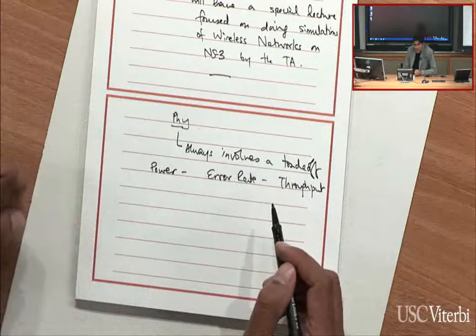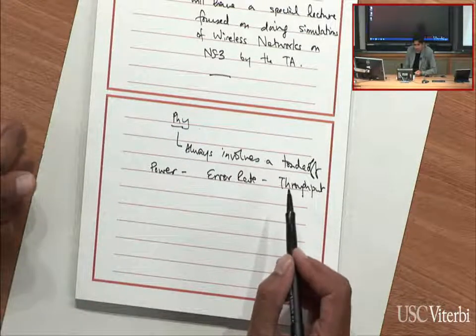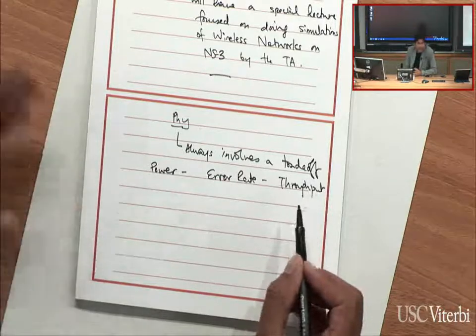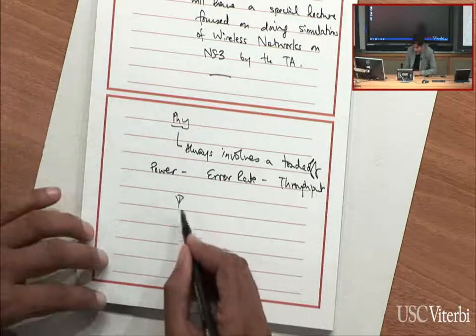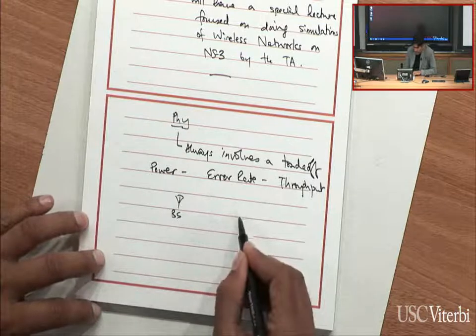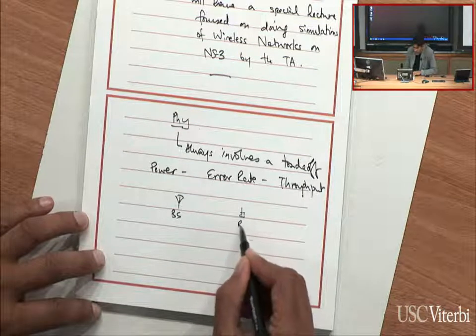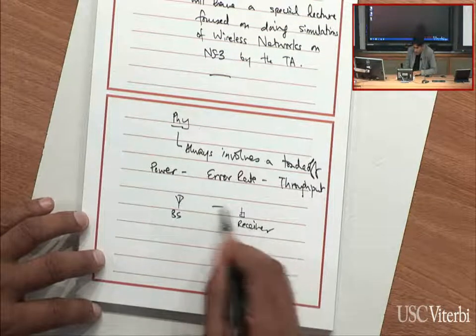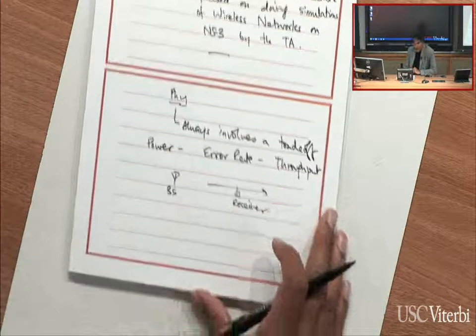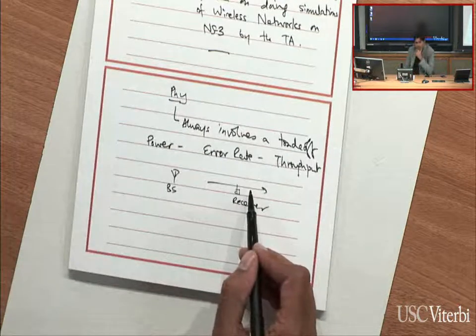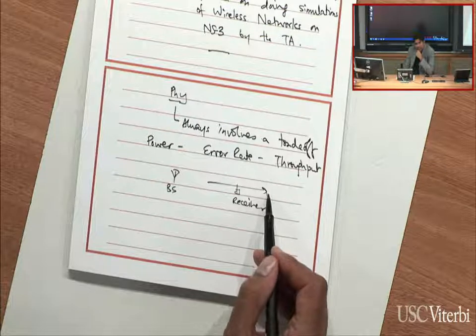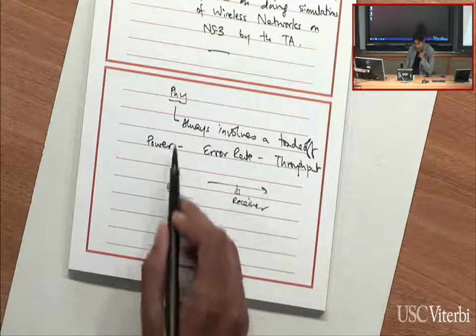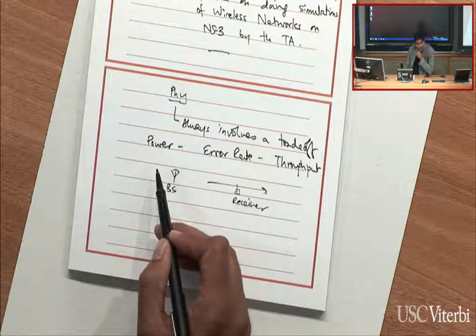And so, for example, if you're moving farther and farther away from a base station, right, so here's a base station, here's a receiver, then because the channel is going to get more and more attenuated, your receive power is going to be smaller, so effectively you're losing power.